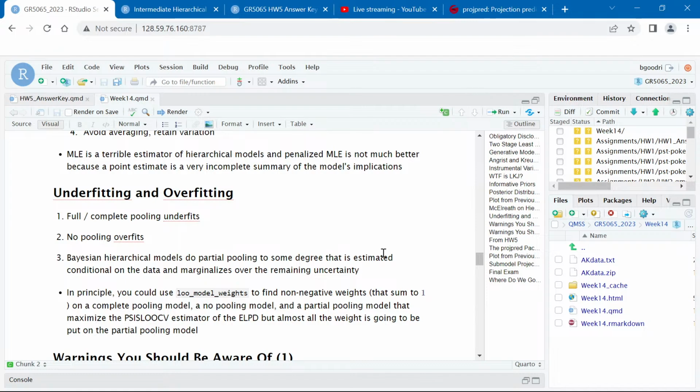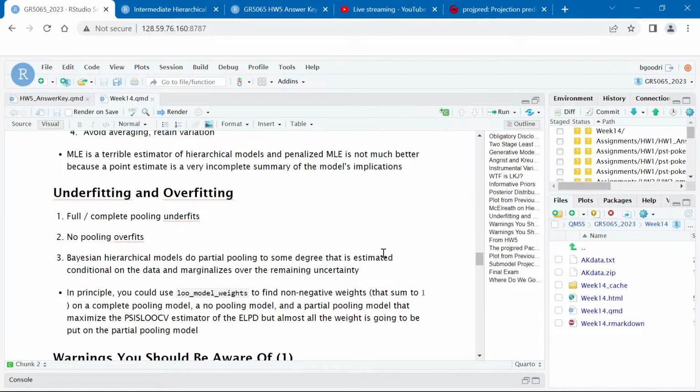Those sorts of models, known as complete pooling, tend to underfit the data because they don't allow for the very real possibility that the data generating process is not the same for all people or all groups. There's going to be heterogeneity in anything that social scientists might be interested in because people are not homogeneous.